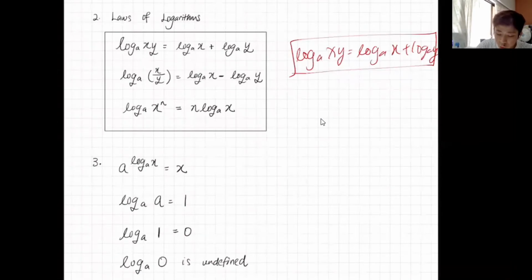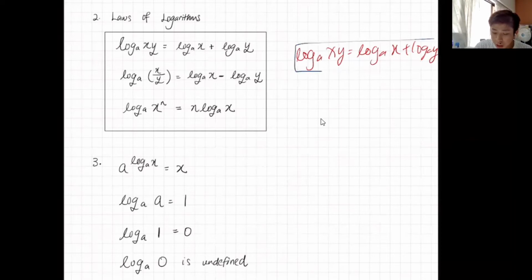If you do not know these 3 things very clearly and thoroughly, you have a hard time, okay? So you must be able to spot that there's a multiplication between x and y here, and this multiplication will split this into log a x plus log a y. All right?